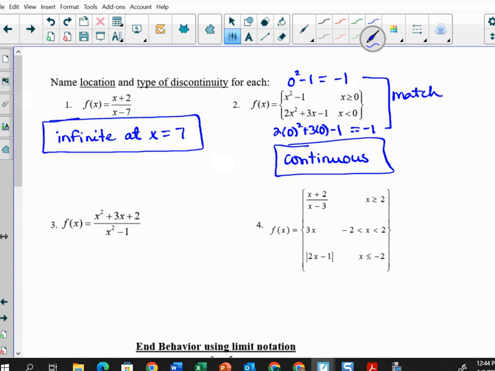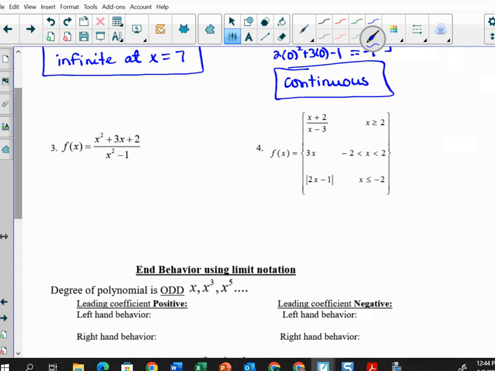Okay, you try 3 and 4. They're trickier. See if you can find all of the discontinuities.